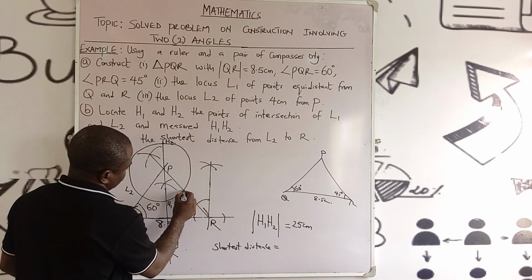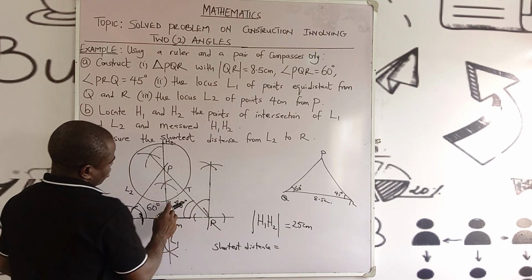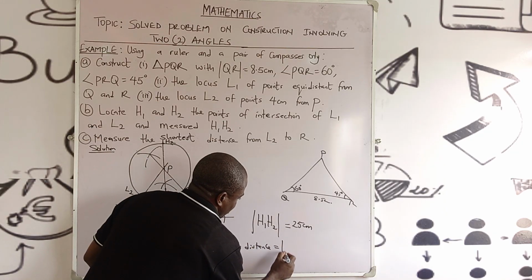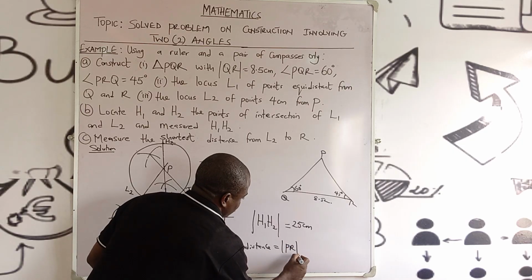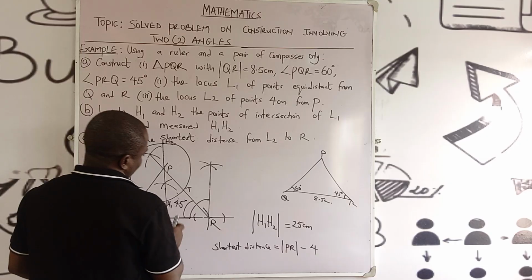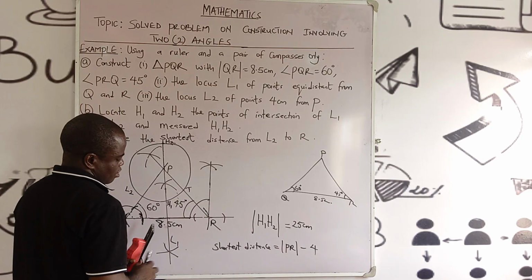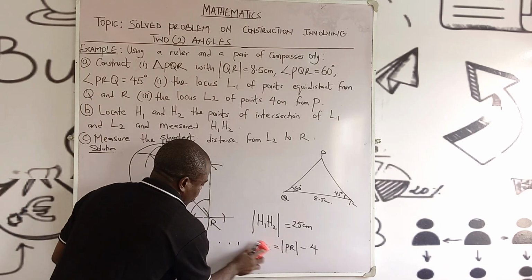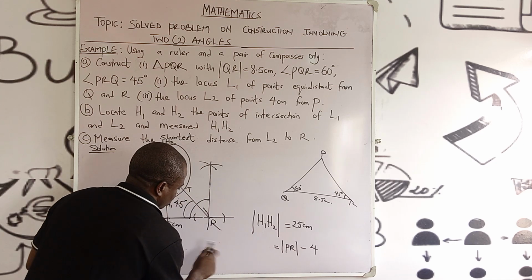Let's call this point here T. Okay, that means our shortest distance is line TR.